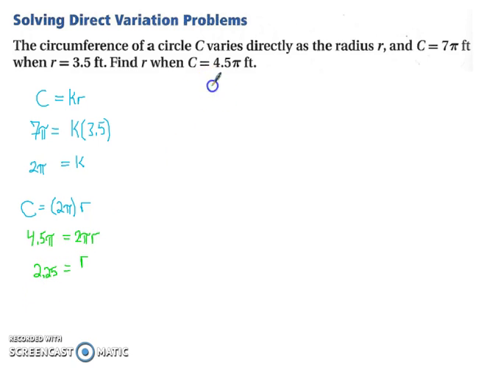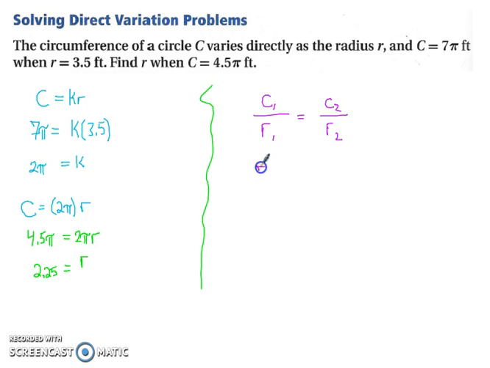The other way you can do this is to write and solve a proportion. So you would have your first c over your first radius equaling the second circumference over your second radius, and then you can cross multiply and solve for r.